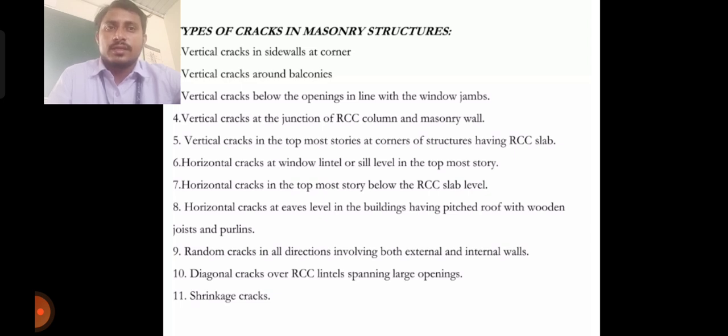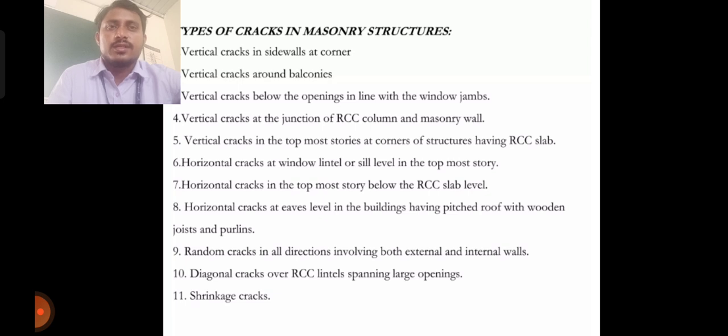Vertical cracks also occur in the topmost storey at the corners of structures having an RCC slab. Mostly, vertical cracks develop at the corner regions.